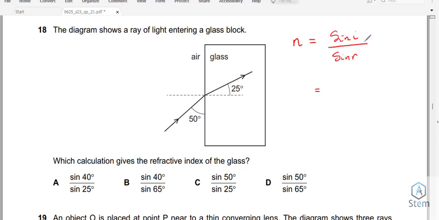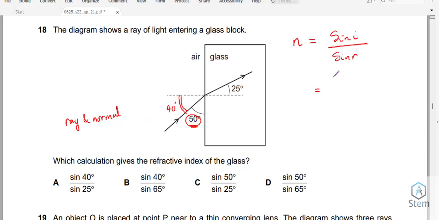The angle of incidence is measured between the ray and the normal. So the 50 given here is actually not the angle of incidence. It is this angle, not given here. We get it by saying the normal and the glass are at 90 degrees, so 90 minus 50 gives 40 degrees.